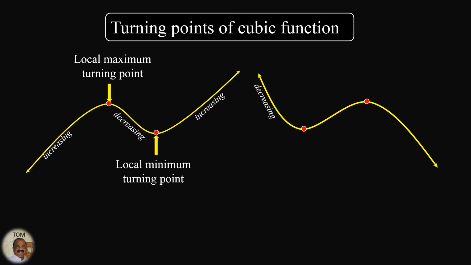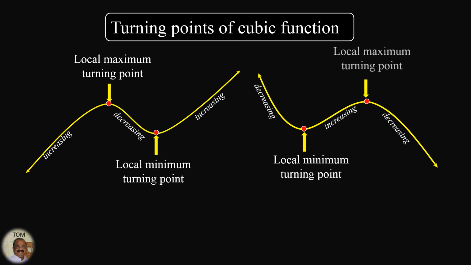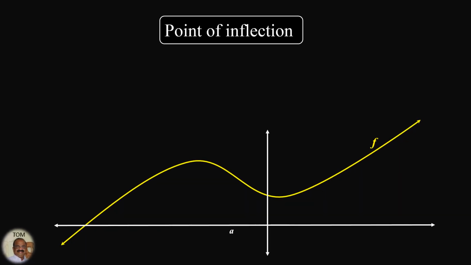Coming to the next graph. Decreasing, then increasing. What's the turning point? It's a minimum turning point. Then we have the last one. What will that turning point be called? It will be a local maximum turning point. All this information will help you in this part of calculus.